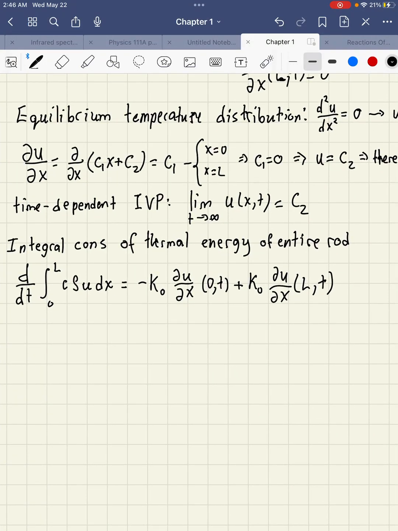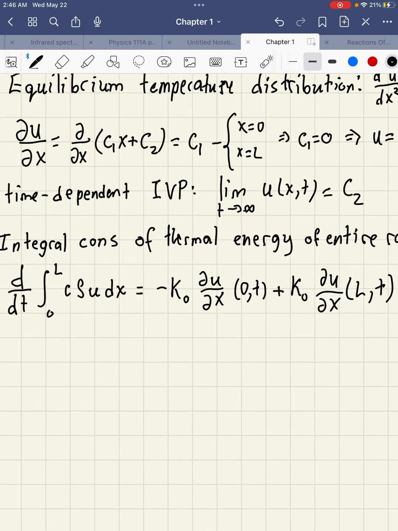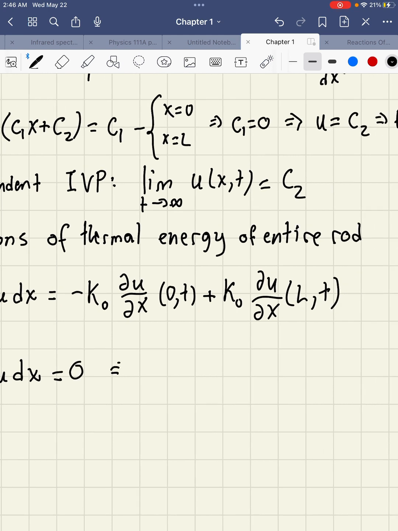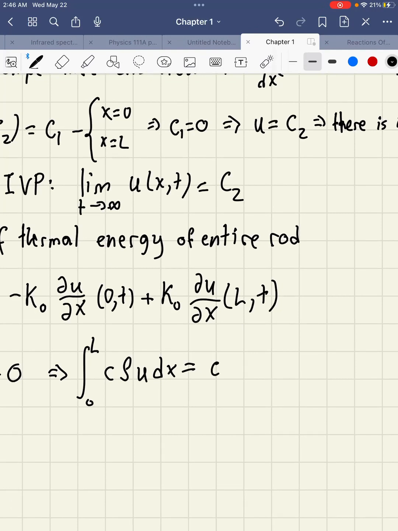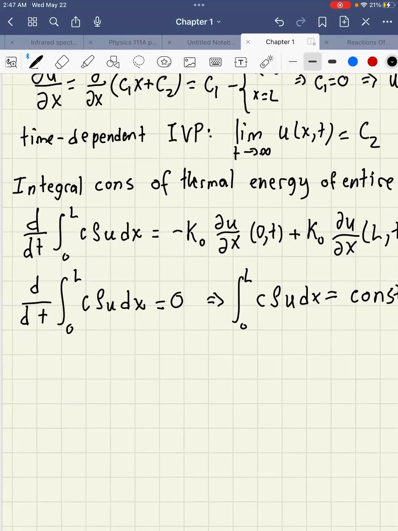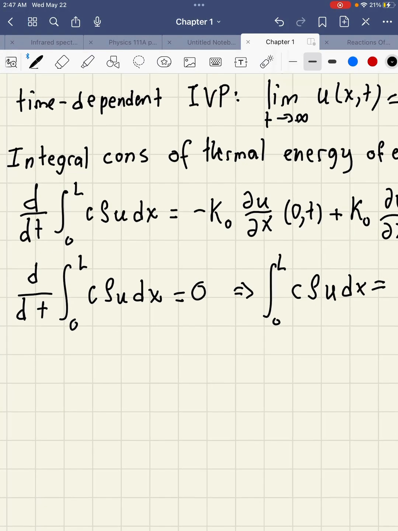Now, since both ends are insulated, we expect d dt of the integral from 0 to L of u dx to be equal to 0. Therefore, my integral from 0 to L of u dx must be equal to a constant. The implication is that the initial thermal energy must be equal to the final thermal energy, which is the conservation of energy.